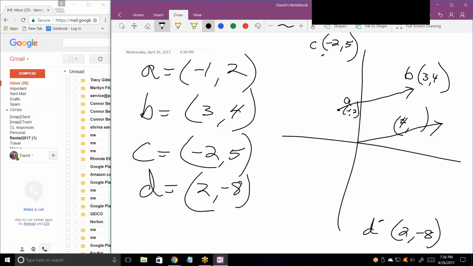And 4 minus 2, which is 2. So the vector that goes from the origin to this point, 4, 2, is identical to vector AB, which goes from point A to point B.